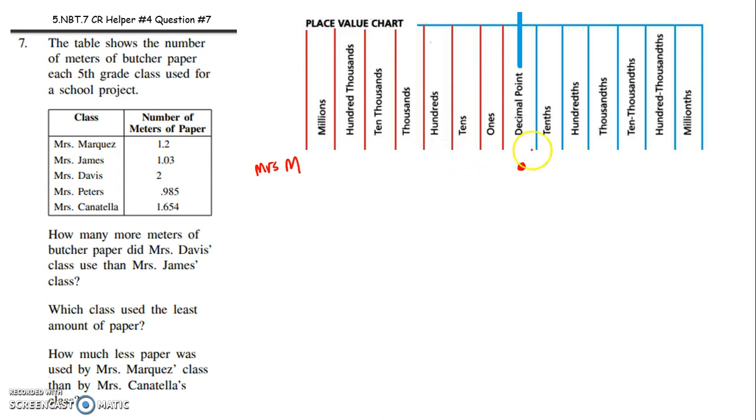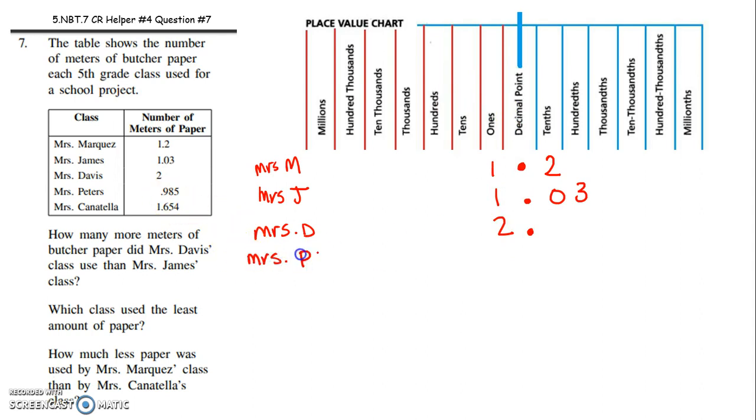Mrs. M's class would be 1 and 2/10. Mrs. James's class would be 1 and 3/100. So that means I need to end that in the hundredths place. Mrs. Davis's class is just 2. Used 2 meters, so that just ends in the ones place.